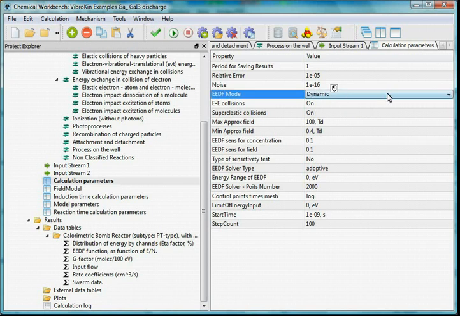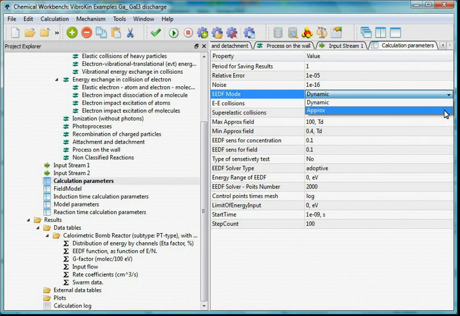Dynamic means that the EEDF and the rate constants of electron-stimulated reactions are calculated during kinetic modeling for the given gas composition and electric field intensity. Approx mode means that the EEDF and the rate constants are calculated as a function of reduced field intensity before kinetic modeling and are approximated by analytical dependencies.